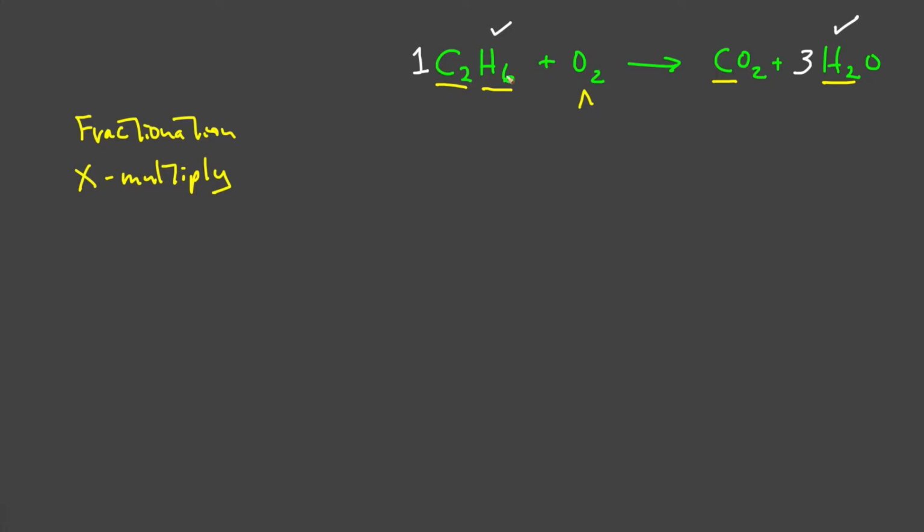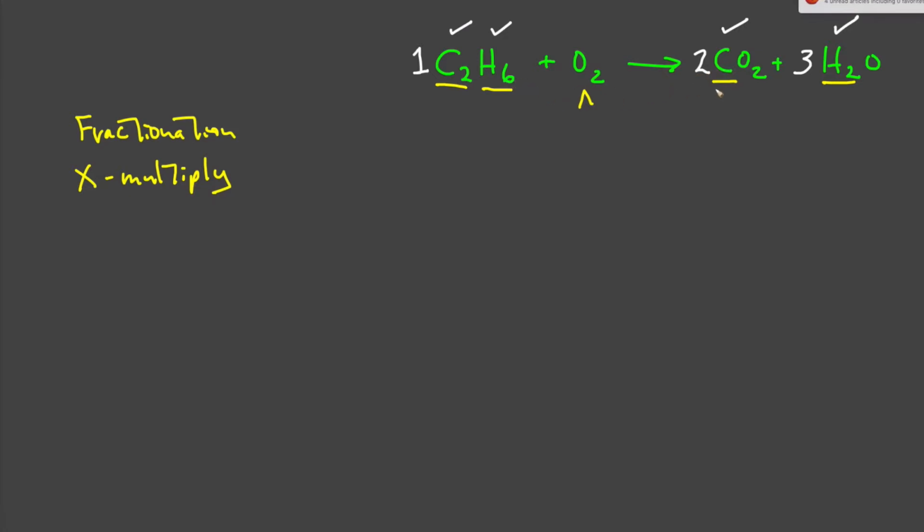Returning now to the reactant side. If there are 6 hydrogens, there must necessarily be 2 carbons. If there are 2 carbons on the reactant side, there must be 2 on the product side. I can only get 2 on the product side by putting a coefficient of 2 in front of the carbon dioxide.